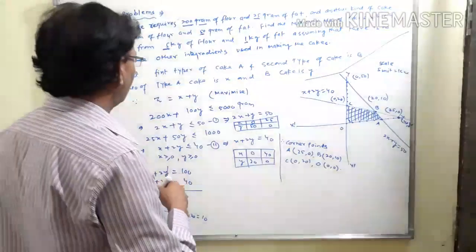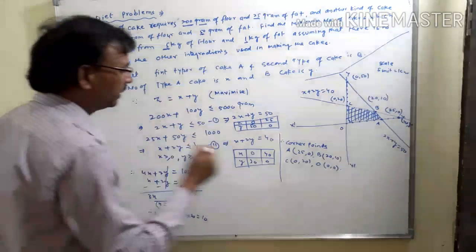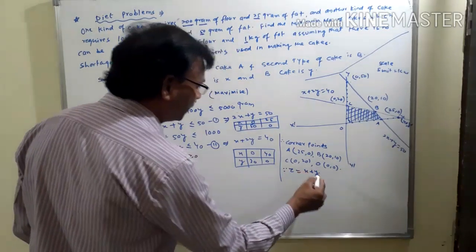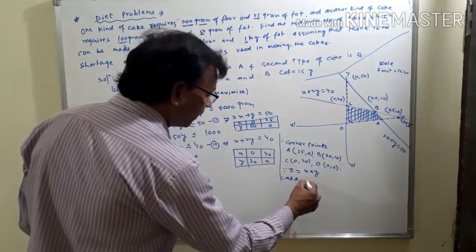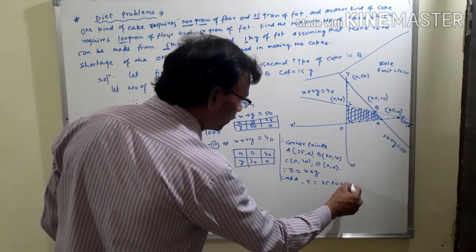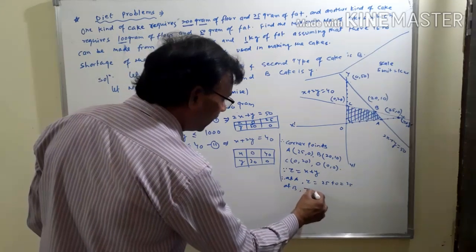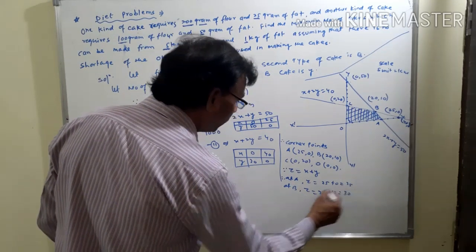Now we should maximize z equal to x plus y. Since z equal to x plus y is the objective function, therefore at A, z equal to 25 plus 0 equal to 25. At B, z equal to 20 plus 10 equal to 30.